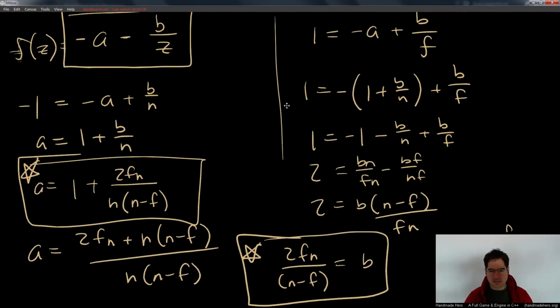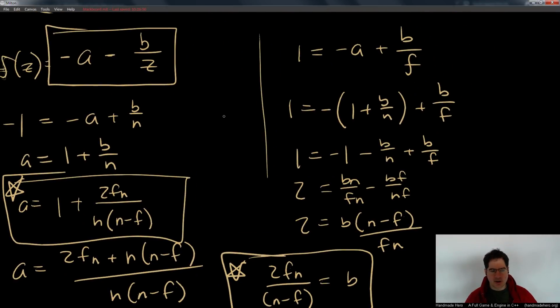Solving that equation, we have to substitute in the -a term for what we actually solved for, a equals 1 plus b over n. So we have -1 minus b over n, and we retain the plus b over f term. We then distributed the negative to get -1, negative b over n, plus b over f, like so.